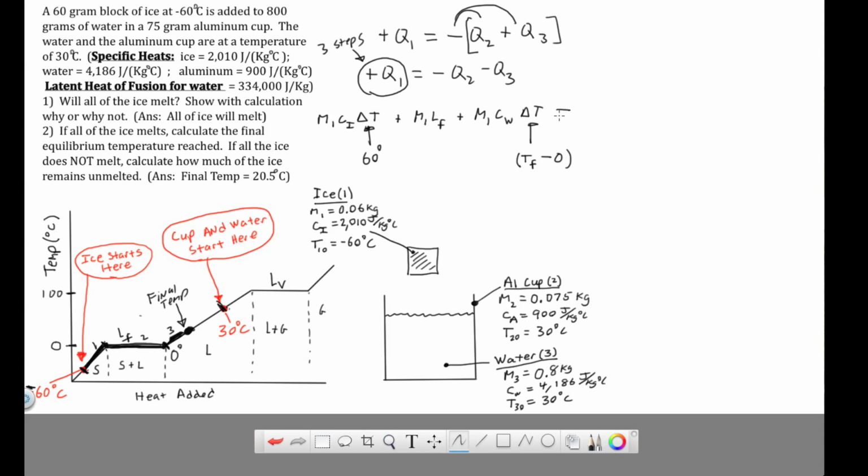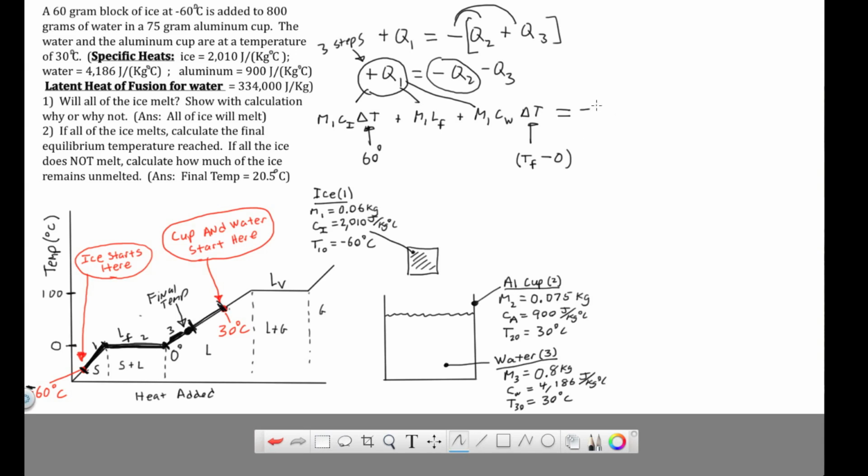All right, negative Q2. So now we're on to this part of the equation. So again, this positive Q1 was 1, 2, 3 parts. Okay, for Q2, this is just going to be 1 step because the aluminum cup is going to cool to the final temperature. It's going to cool in just 1 step.